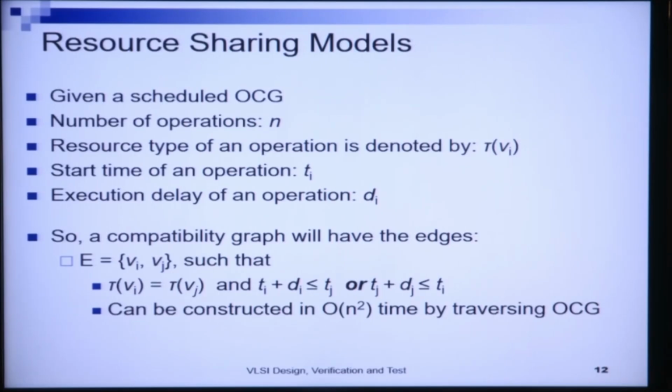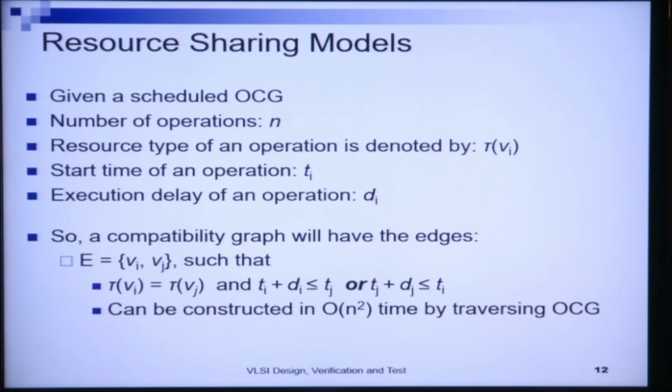Now, we understand how we can obtain these edges. I need to traverse the operation constraints graph, and consider each operation in the scheduled operation constraints graph. Then I find out, for a given operation, which are the operations adjacent to it in the operation constraints graph.